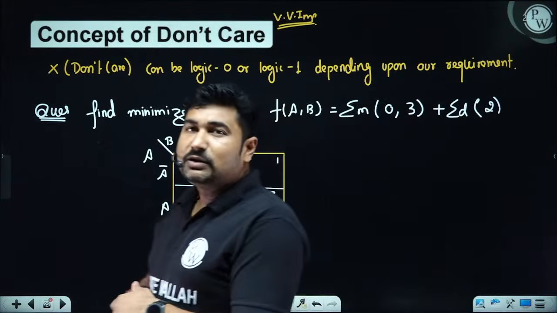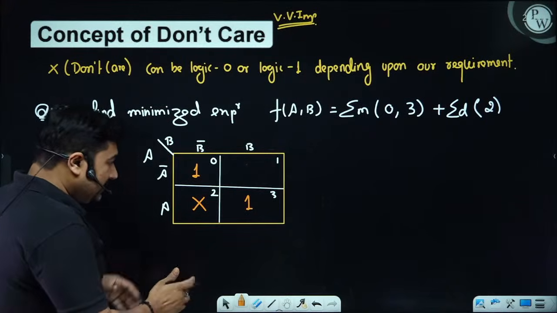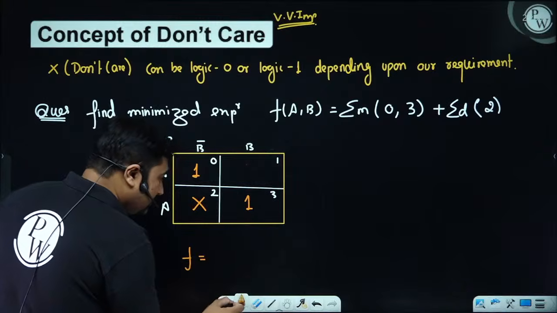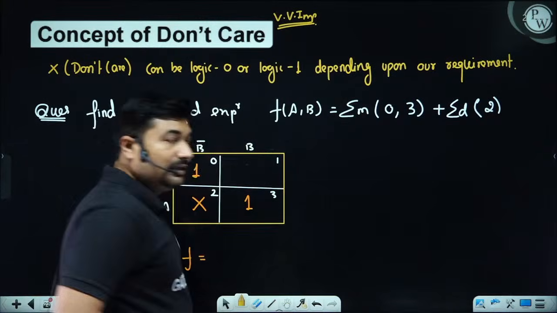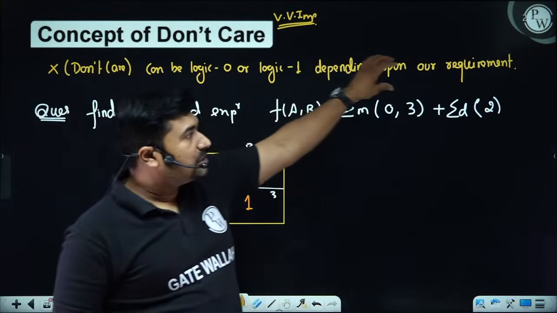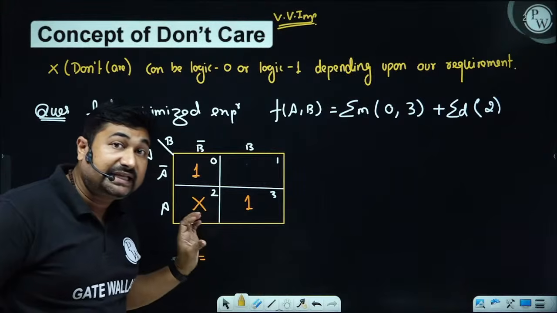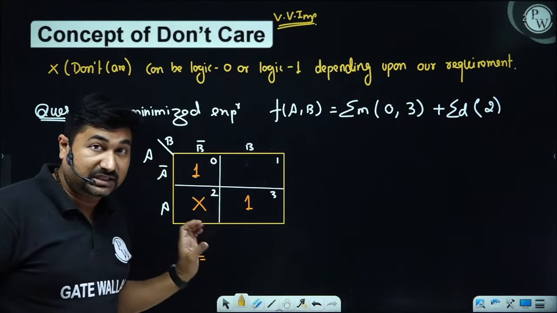But when we talk about K-map, the logic of don't care is fixed. If we have to find the minimized expression for this function, then don't care can be logic 0 or 1 depending upon our requirement, and our requirement in K-map is to minimize the logical expression.